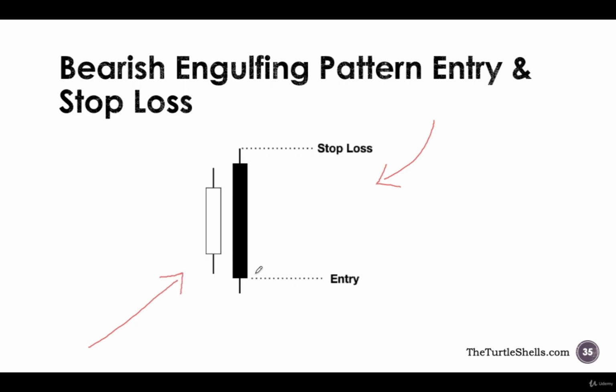Unless the candle closes, we do not have a bearish engulfing pattern, remember that. And the stop loss will be just above the resistance line created by the bearish engulfing pattern. So the highest high of the bearish engulfing pattern becomes our resistance line, and we keep our stop loss just above that resistance line, to have that extra cushion.